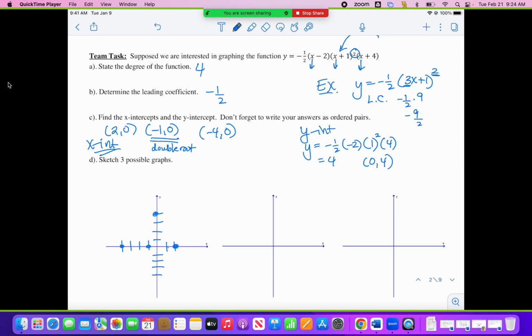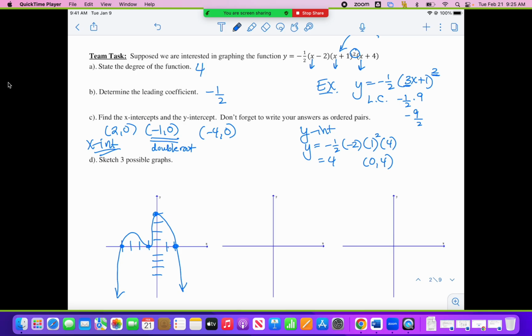Okay, that's going to be a bounce off. But I can't have any other x-intercepts. Now, do you understand, since it's 4th degree and a negative leading coefficient, this has to be a down-down?